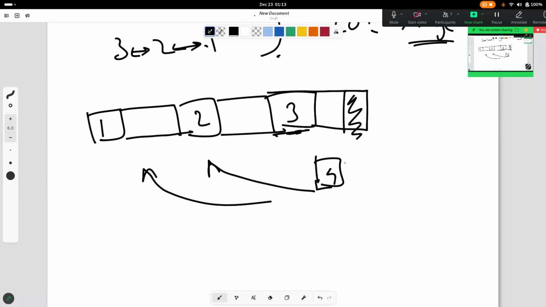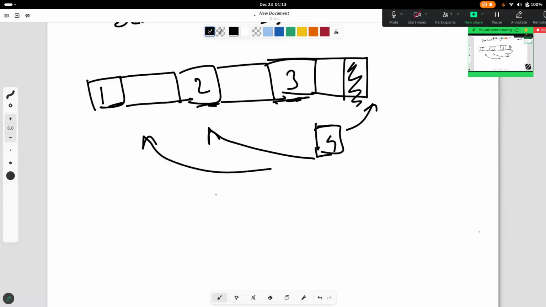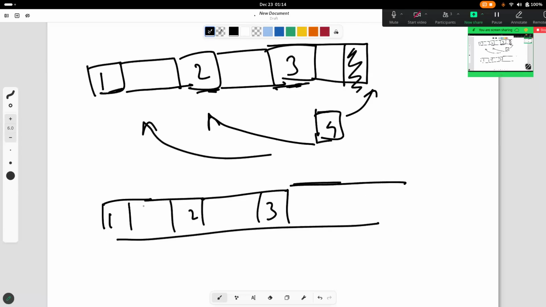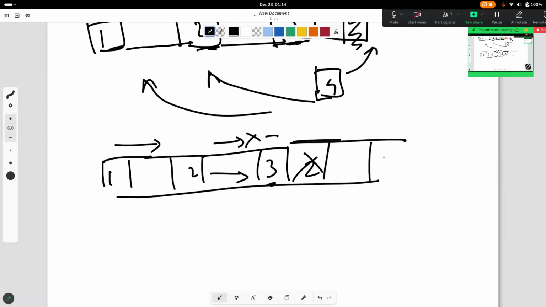Now, when I try to place 4, it doesn't really depend on 2 or 1, because the moment you say that 3 has been placed after 2 has been placed after 1, it means that no matter how 1 or 2 expand or shrink, they are never going to cross 3. So you can never have 2 over here, because 2 can never cross 3. So when you try to place 4, you only need to consider the value of 3 for this thing.